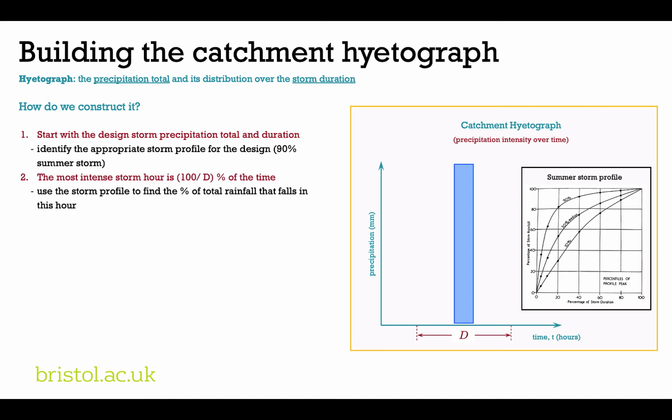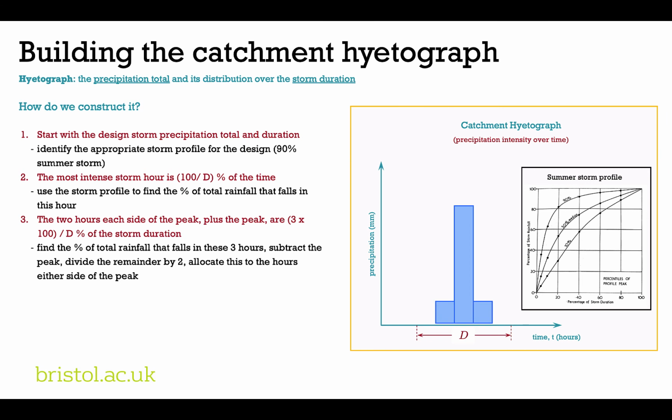So the most intense storm hour occurs 100 divided by d% of the time. So you then need to use the summer storm profile to find the percentage of the total rainfall that falls in this hour. And when you have, you can plot that, and that's your central hyetograph bar.